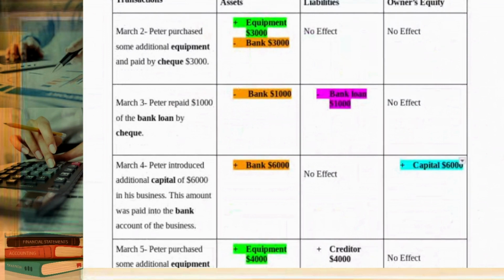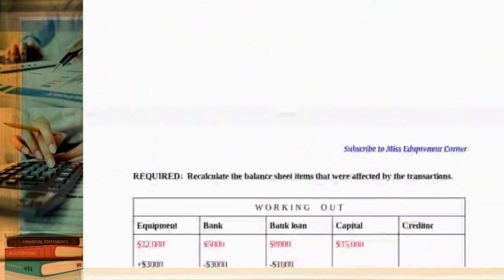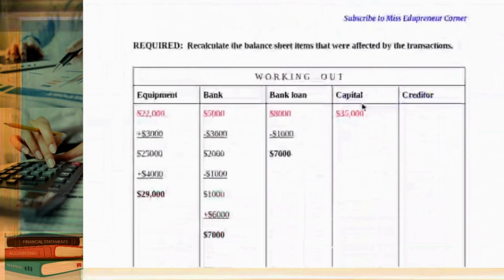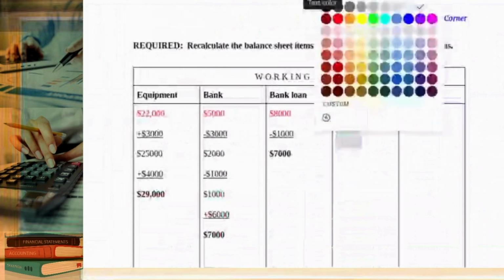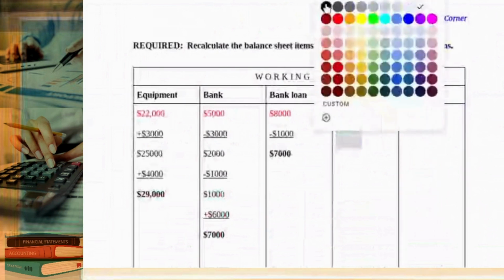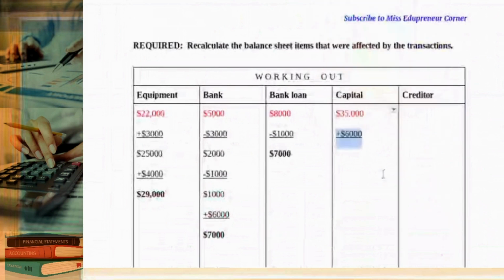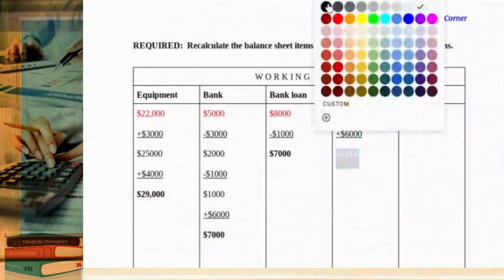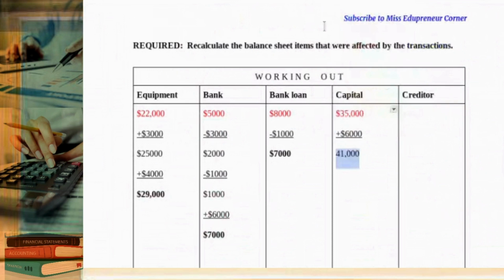So we're going to add this $6,000 to the original capital figure. So 6,000 plus 35,000 gives us $41,000. So the new capital is now $41,000.